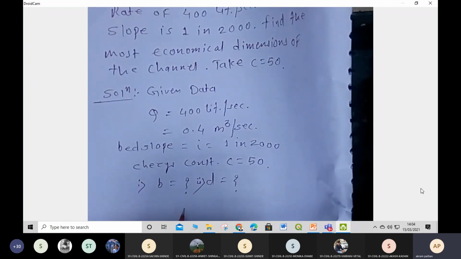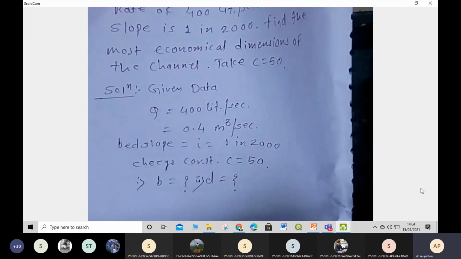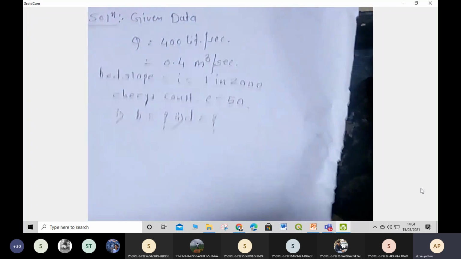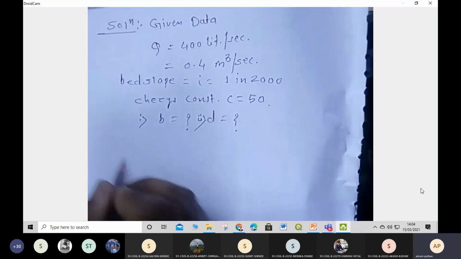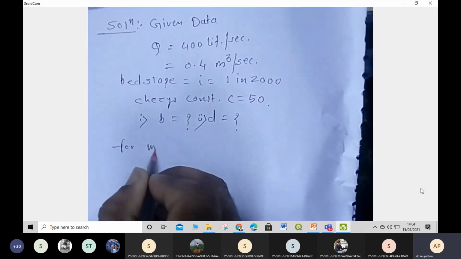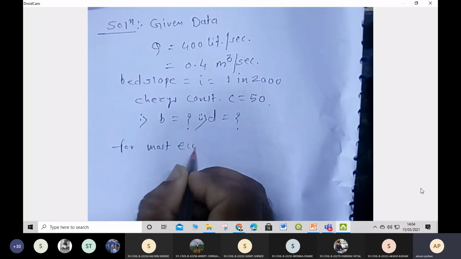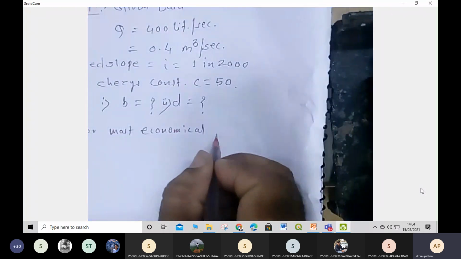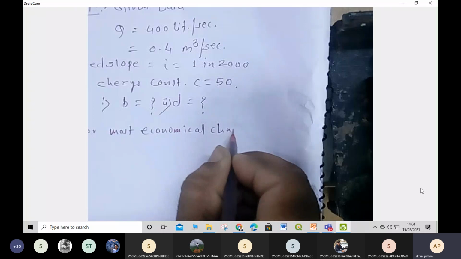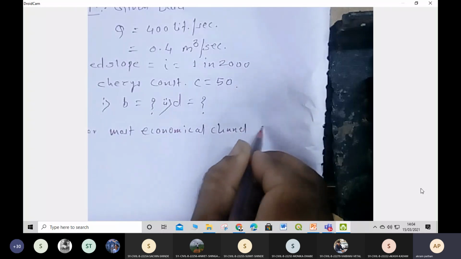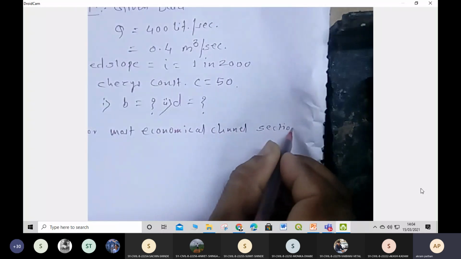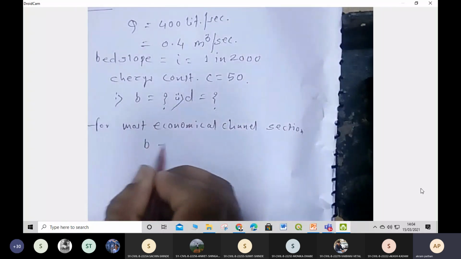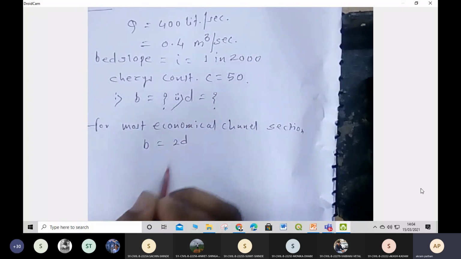For most economical rectangular channel section, we have to write, for the first condition, B is equal to twice the depth of flow.